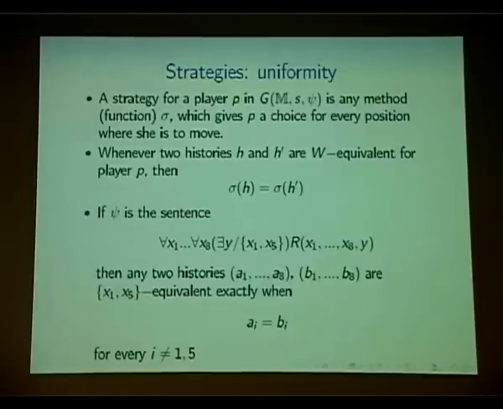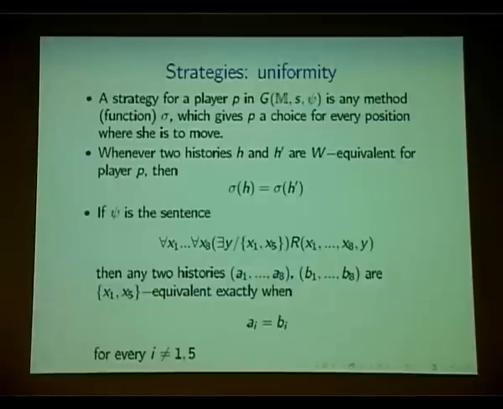Then you think of any two histories of the tree corresponding to the individuals A1, A8, or B1, B8, which have been chosen as values for X1, X8.